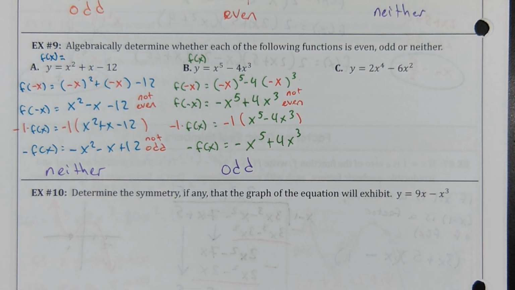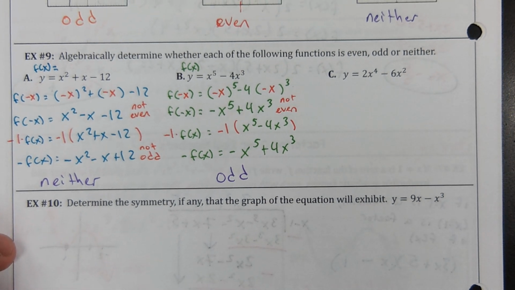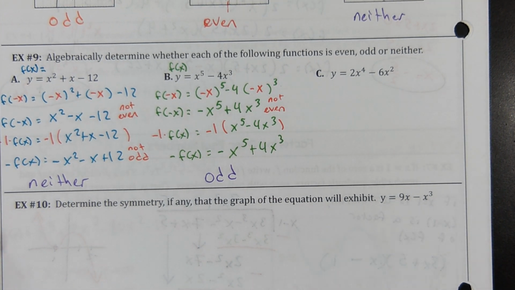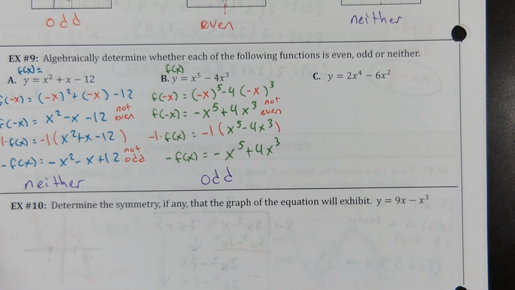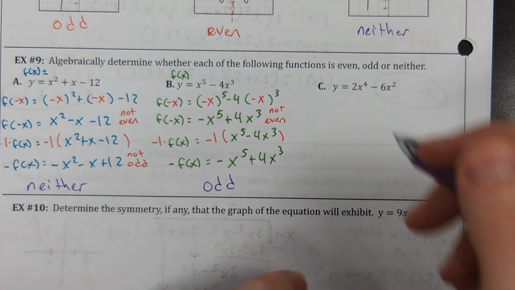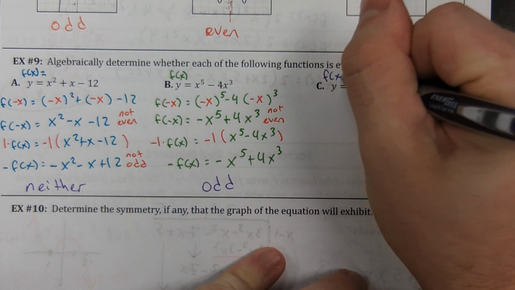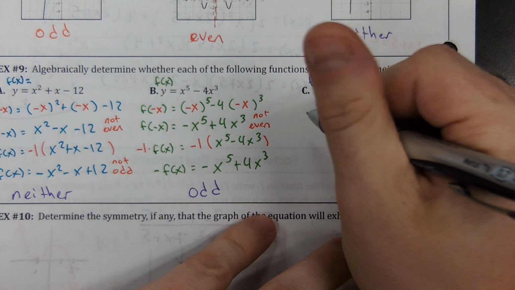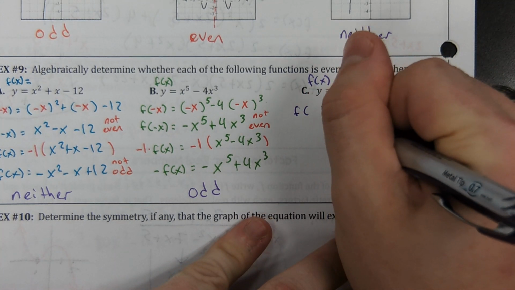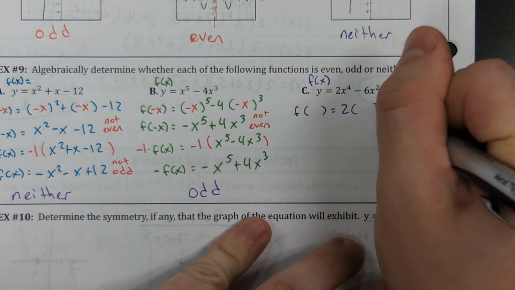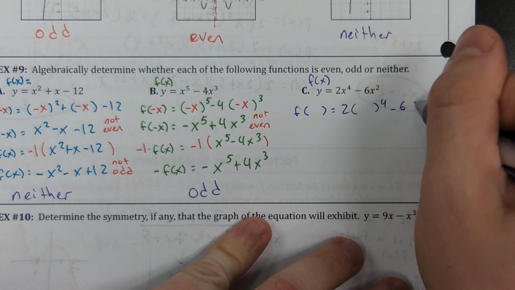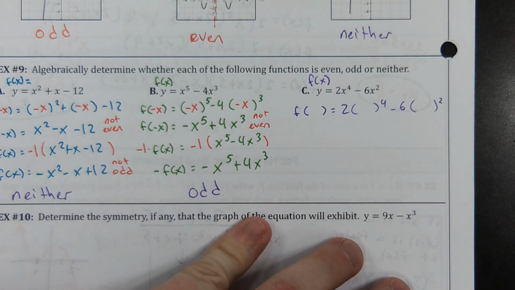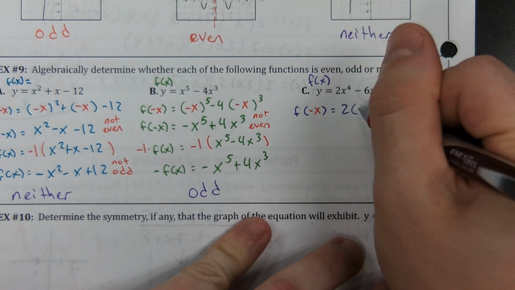I knew that was odd before we did any work because I have accidentally memorized some patterns. And the last one, without doing any work, I can tell you is even because I've accidentally memorized some patterns. But let's prove a point. Everywhere my f of x has an x, I will open a set of parentheses. And that's where I will throw in a negative x.